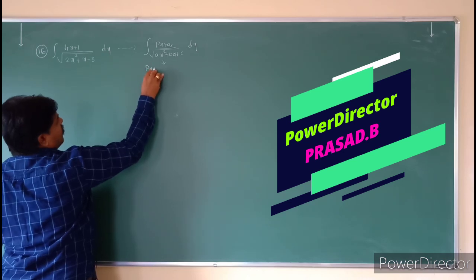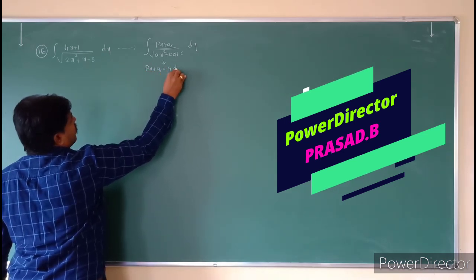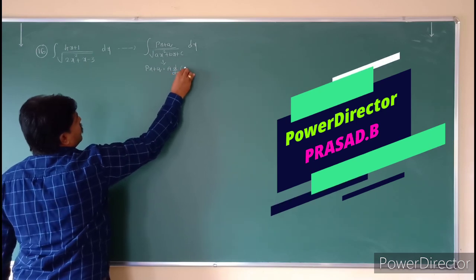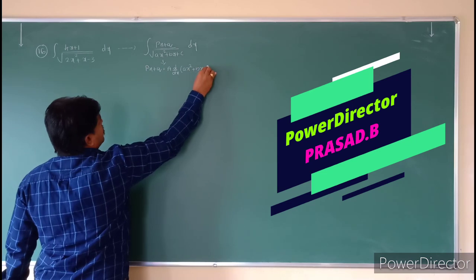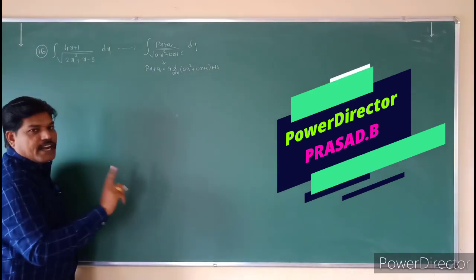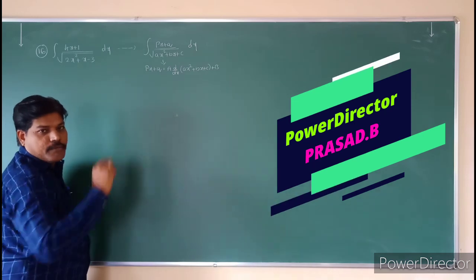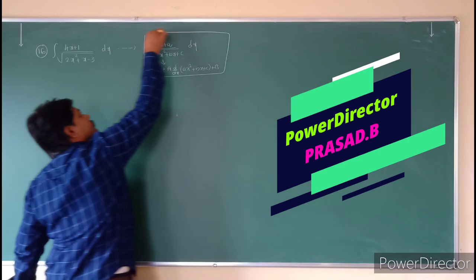The first step you have to take: px plus q is equal to a into derivative of (ax square plus bx plus c) plus b. Then we will calculate a and b values. Then we will follow the remaining steps. So this is the form you are going to use here.